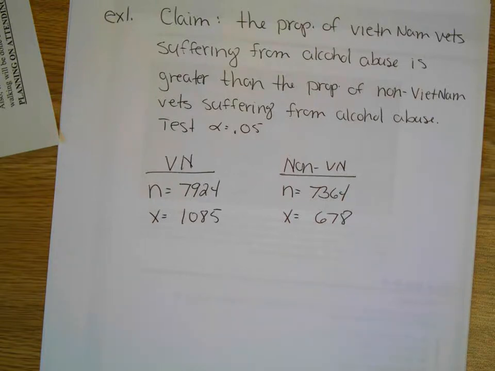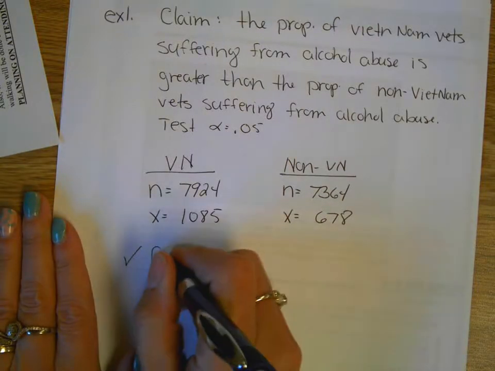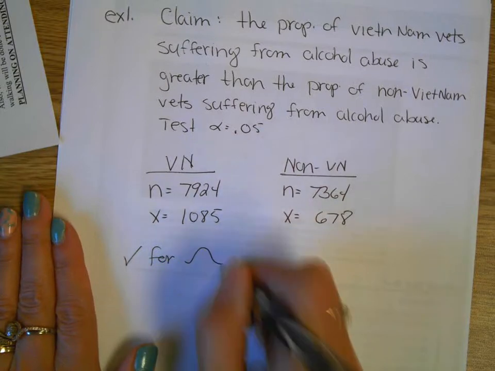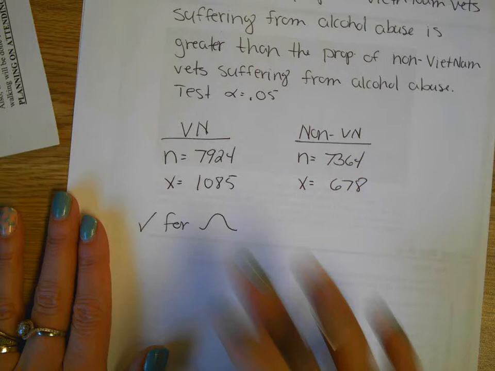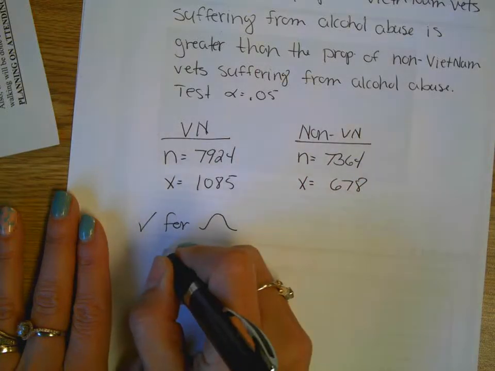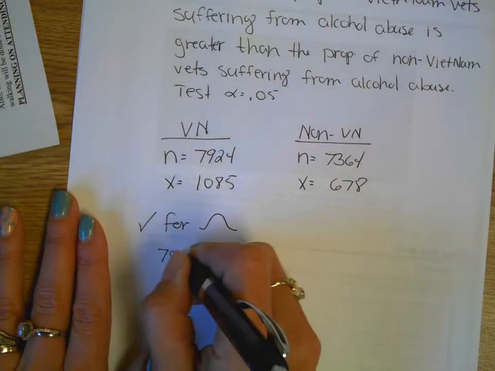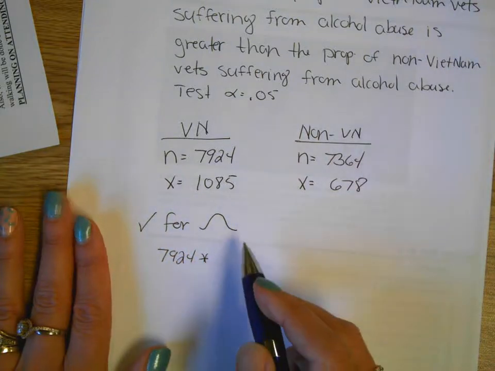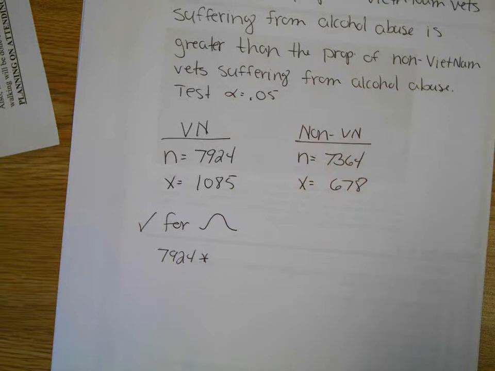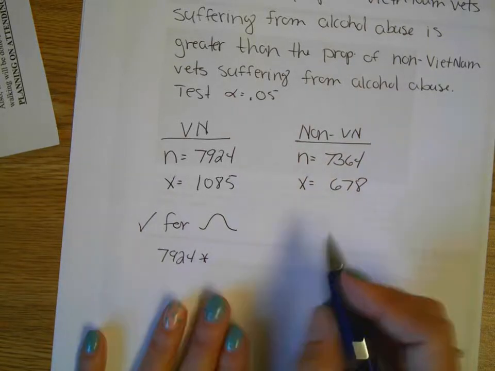Okay, we need to check that the sample sizes are large enough. So check for normal. They look quite large. So it's sample size times the percent of success, and success is suffering from alcohol abuse, bad thing, but that's what we're looking at, so that's falling into our success category.